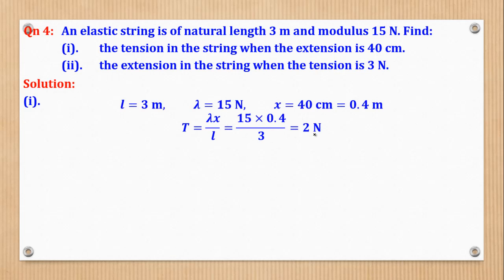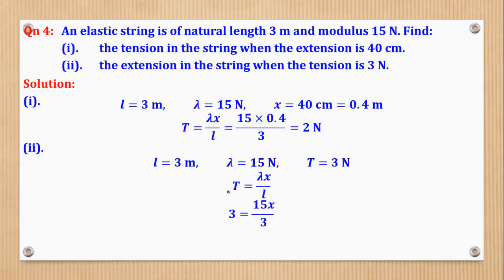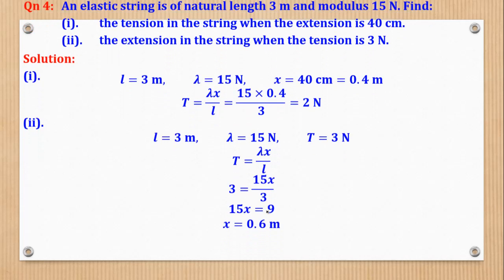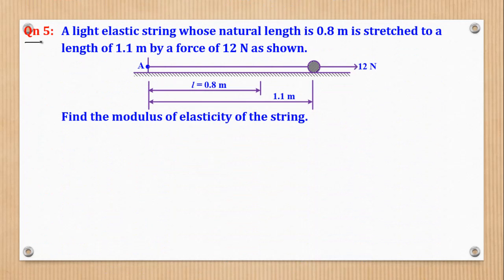That was Roman 1. Then Roman 2, that's what we are given. So you quote the formula, substitute for T, for lambda, for L, and make X the subject. Question 5. A light elastic string whose natural length is 0.8 meters is stretched to a length of 1.1 meters by a force of 12 newtons as shown.